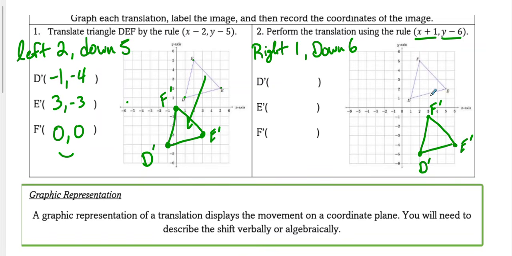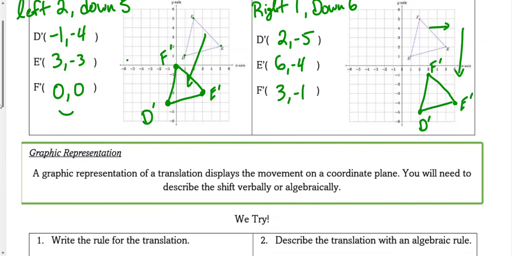Same triangle. All that happened was it slid a little bit to the right and 6 down. So our new coordinates are at 2, -5, 6, -4, and 3, -1.